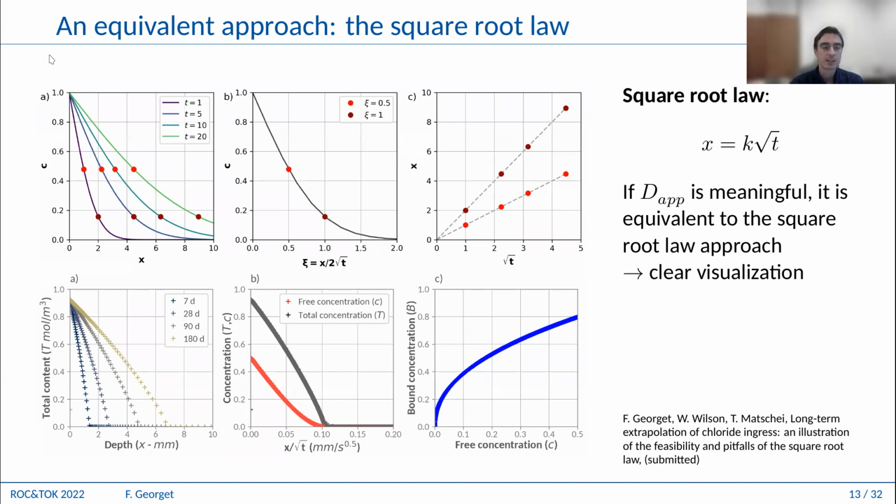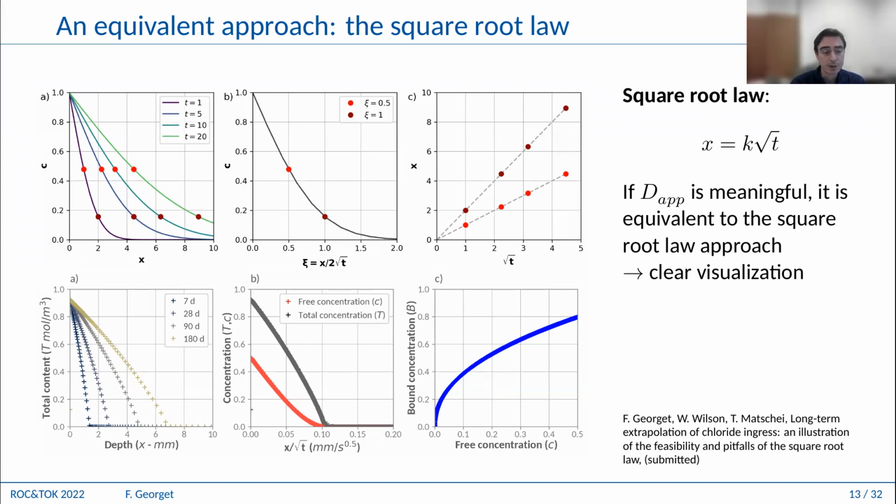This is illustrated on this set of processes where we have a concentration related to the depth, which when we plot in terms of this spatial variable, x over square root of time, merge into a master curve. In carbonation studies, we're mostly used to seeing this as this relation in this graph where the depth of penetration is plotted against the square root of time. But they are equivalent views of the same thing.